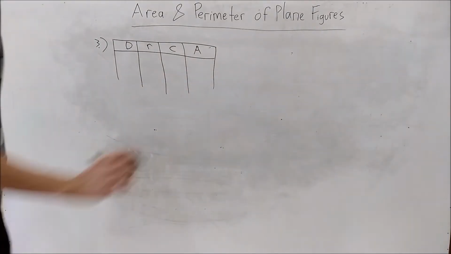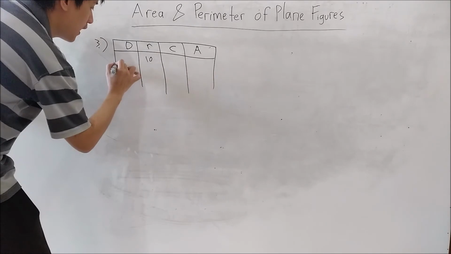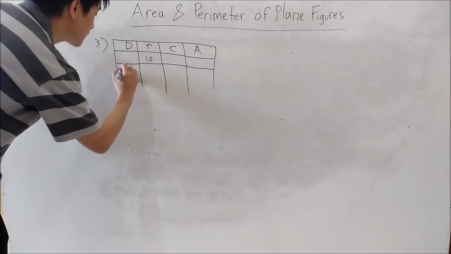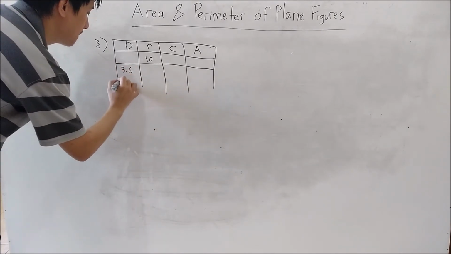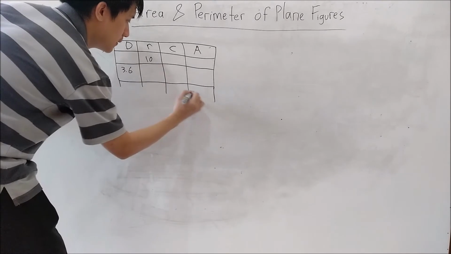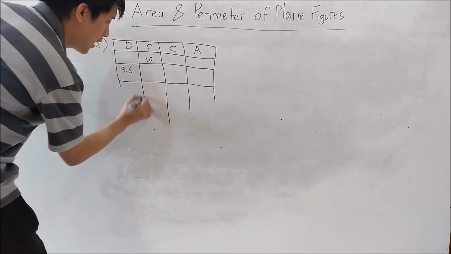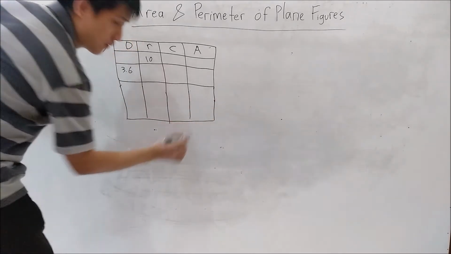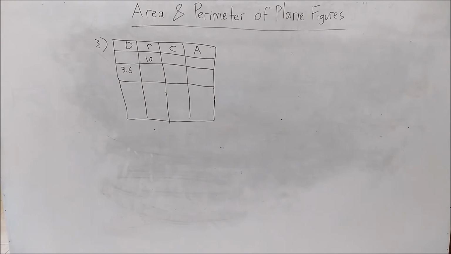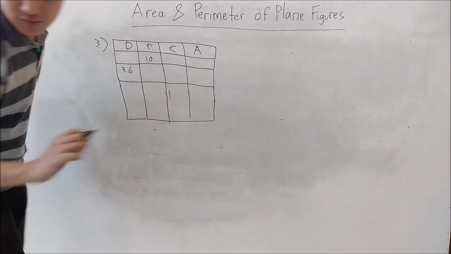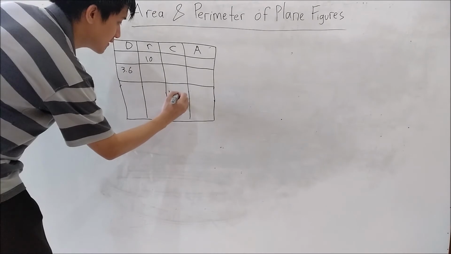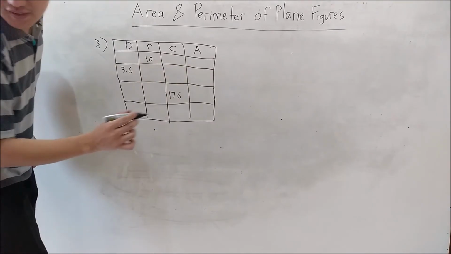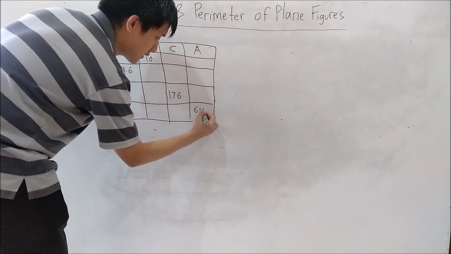The question is, the radius will be 10 for our first, and then for the second one, we will have 3.6. Our third will be, the circumference is 176 millimeter, and the final one is, when we know the area, as 616.